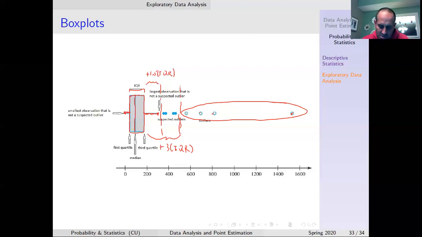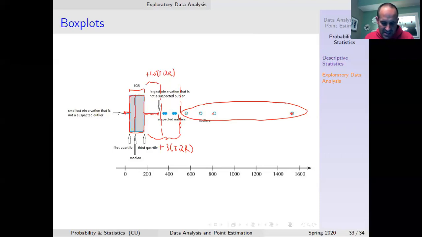But technically the 5-number summary is just the minimum, Q1, Q2, Q3, and the maximum value, which in this case happens to be an outlier, okay? So that's how you create the box and whisker plot. Honestly, most of the time you're not going to end up with outliers. The box and whisker plot will encompass all the data.